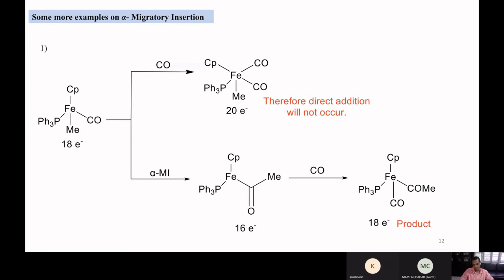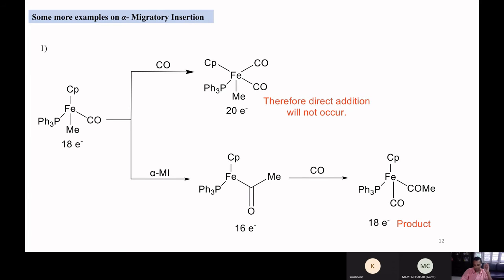Anything more than an 18 electron complex is difficult or near impossible to generate, or very rarely feasible, because you have s orbital, p orbital, and d orbital.